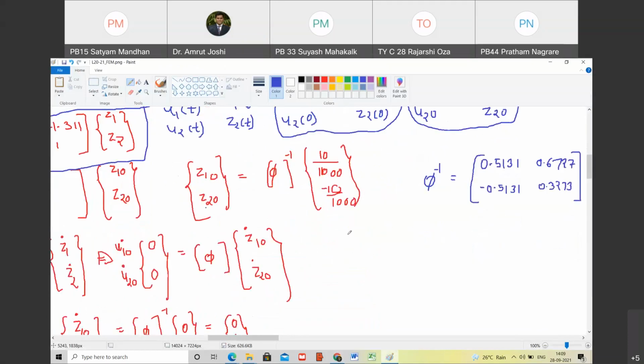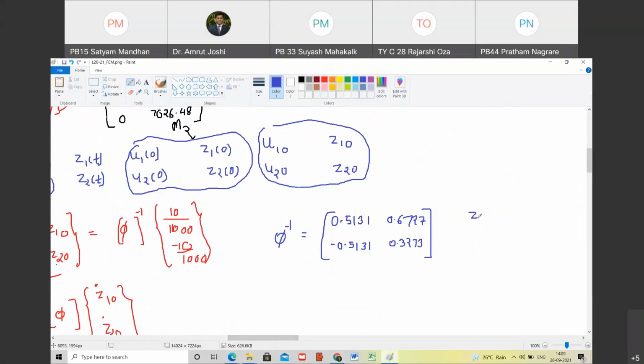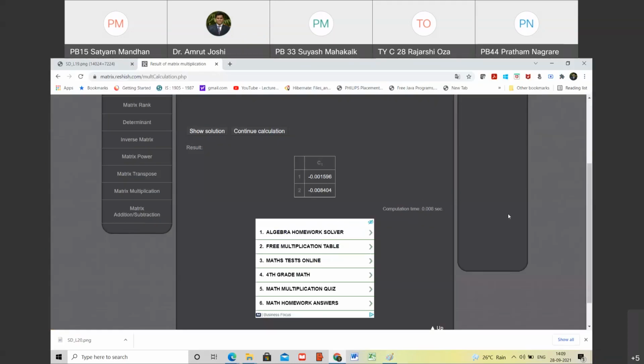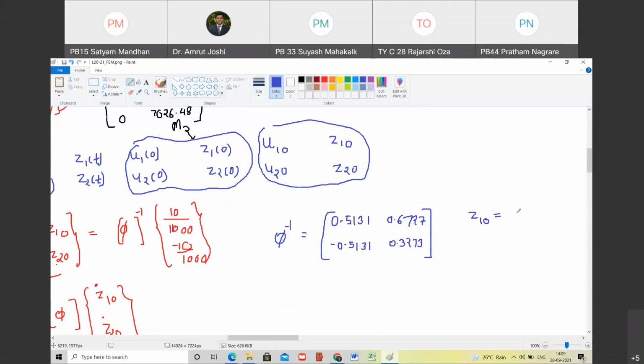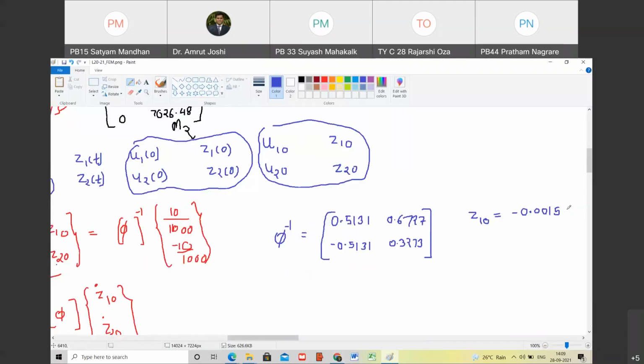So I get Z10 is equal to minus 0.001596. Are you with me? Yes, sir.